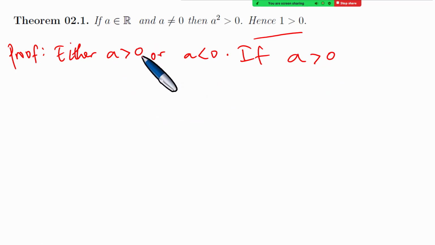Why? Because it's a real number. Any real number is either positive or negative, because it is not 0. Obviously, you could say any real number is either positive or negative or 0, but it's non-zero. So in other words, we're dealing with either a number that is positive or negative. If a is positive, then by O3, which we've just seen, we'll just revert to that.